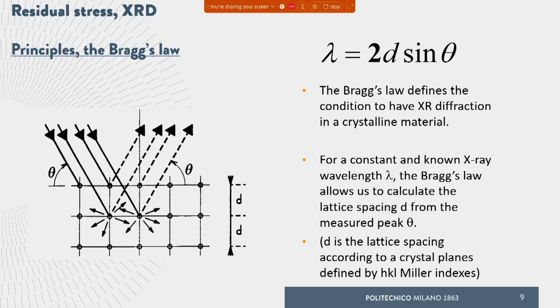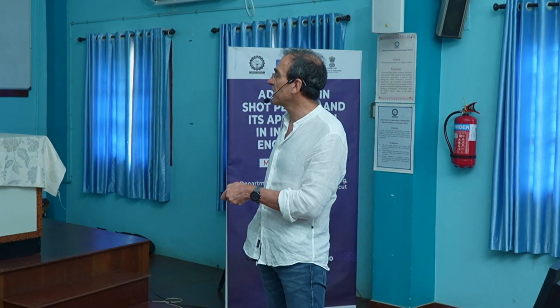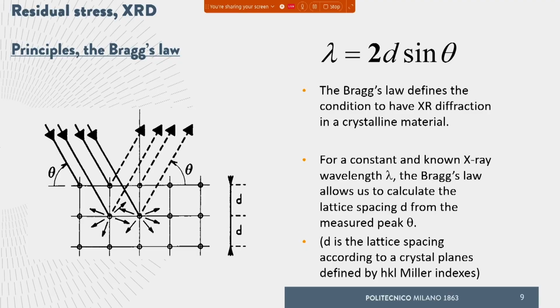That is, lambda, the wavelength of the X-ray beam, is equal to what? To 2 times d, where d is the lattice spacing according to some Miller index, the HKL Miller index, multiplied by sin theta, where theta is the inclination of the X-ray beam with respect to the impacted area.